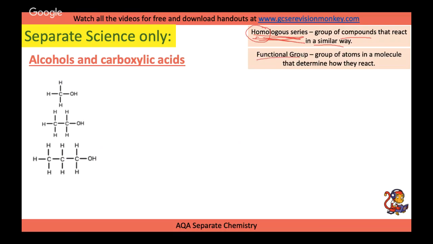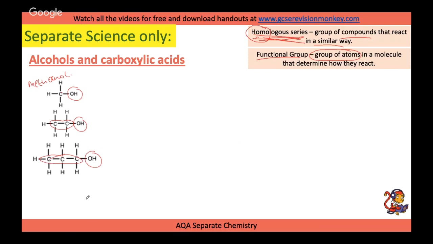They have a functional group. This is the group of atoms on the molecule that determines how they react. And for alcohols, the functional group is OH. So again, using our prefixes, this has 1 carbon, so this would be methanol. This would be ethanol, and this would be propanol.